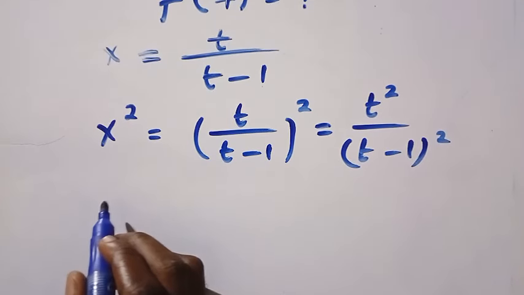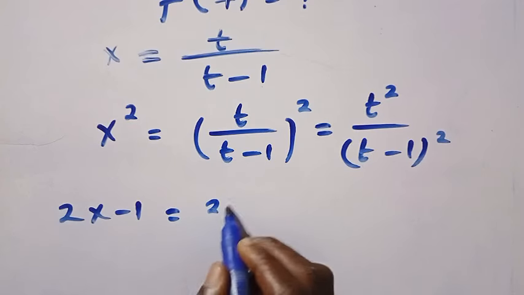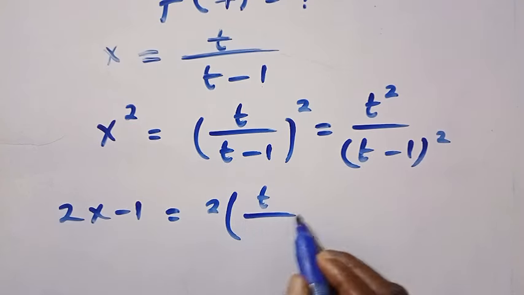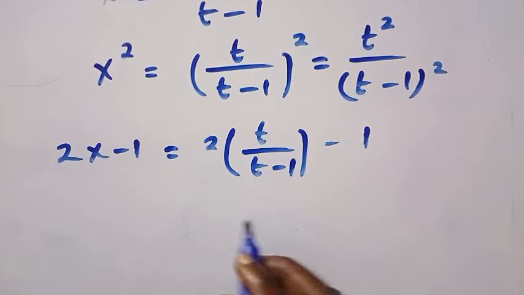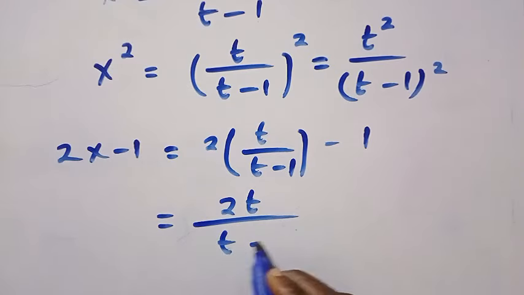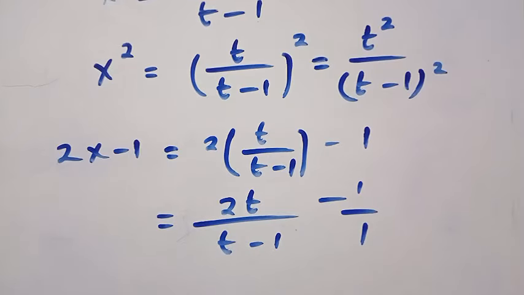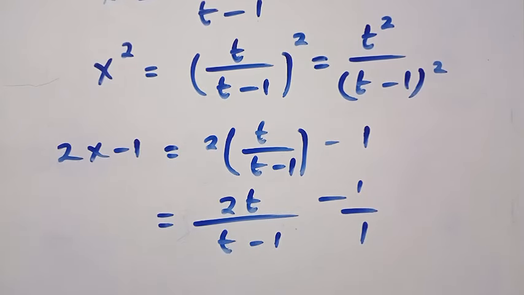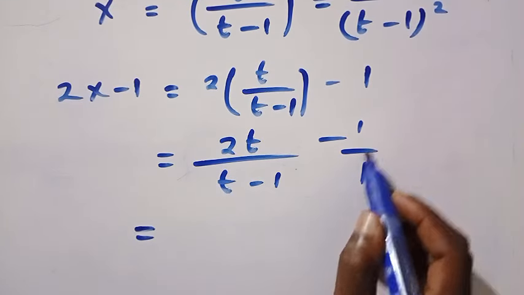We need to find 2x minus 1. This gives us 2 times the bracket of t over t minus 1, then minus 1. When we expand this further, we have 2t divided by t minus 1, then minus 1 over 1. By finding the LCM, we have t minus 1 multiplying 1.